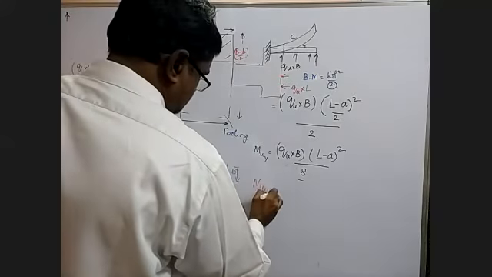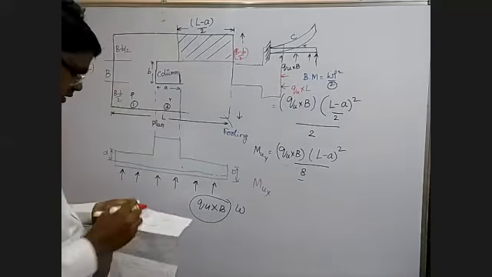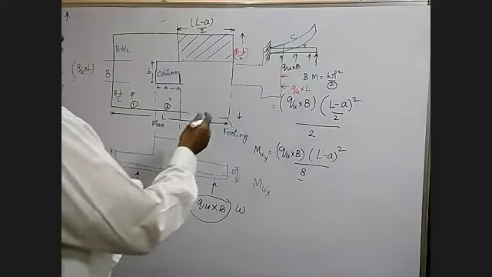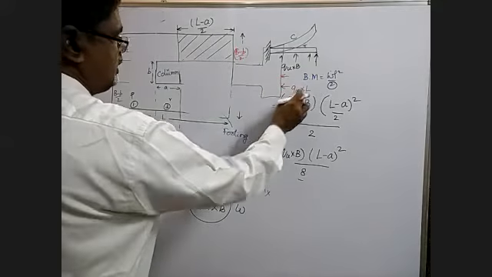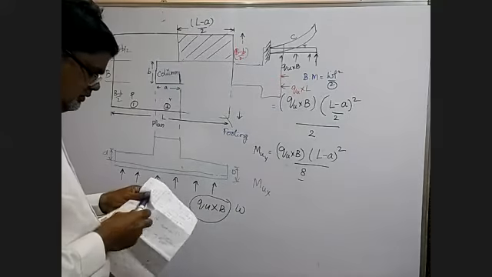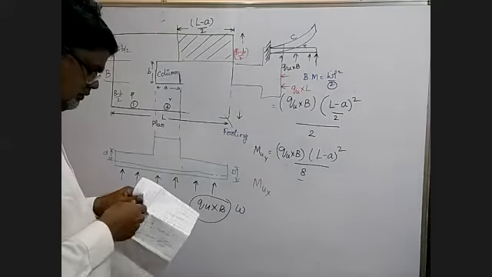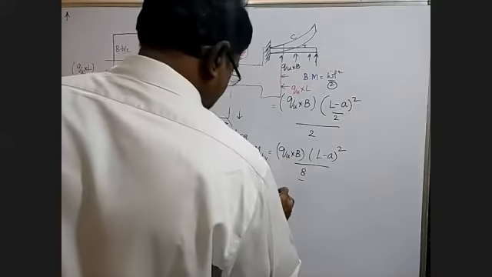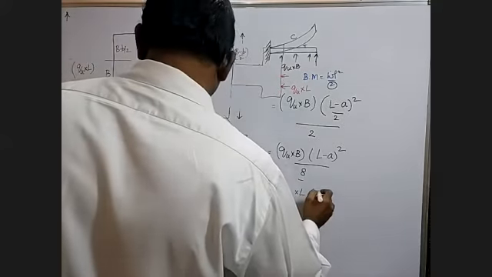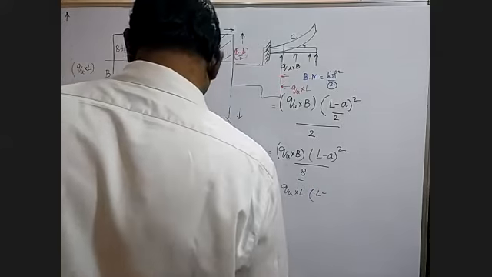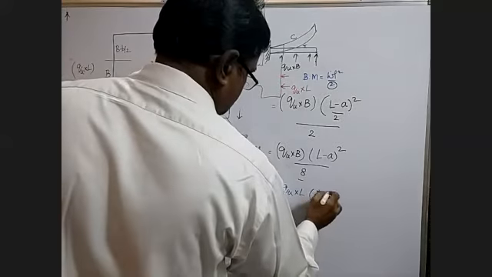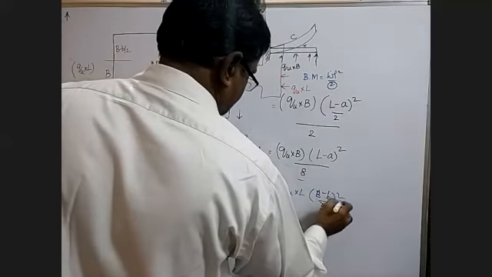MUX is equal to QU into L into (B minus b by 2) whole square by 8.